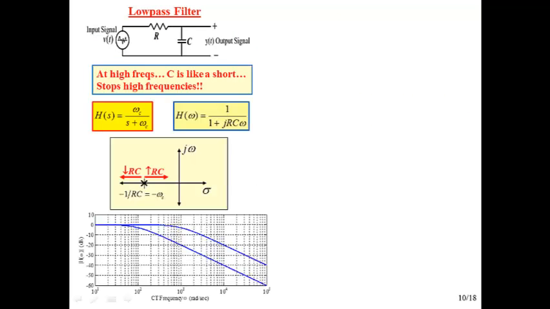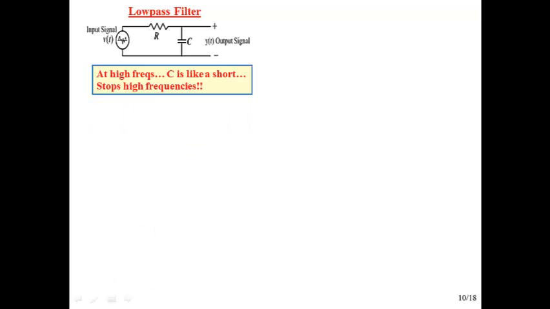Okay, so let's just take a quick summary of this low pass and high pass. And one thing you should start getting familiar with is, before you even do any mathematics, just try to look at the circuit and get a feeling for what you think it is going to behave like.